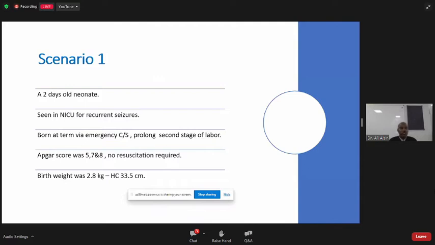Apgar score was found to be 5, 7, and 8, which is not bad, and the patient did not require any resuscitation. The birth weight of that infant was 2.8, and the head circumference is 33.5, which is within the normal limit.